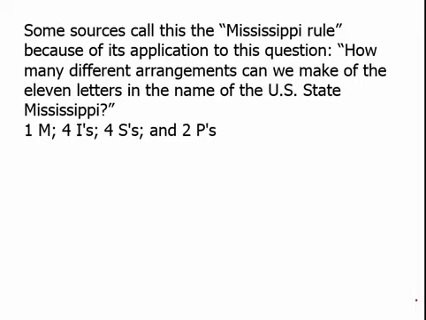And so if we arrange all the possible arrangements we could make of those 11 letters, it would be 11 factorial divided by 4 factorial for the I's, divided by 4 factorial for the S's, divided by 2 factorial for the P's. And if we multiplied all that out, that would be the number of different arrangements we could make from all 11 letters in the name Mississippi.